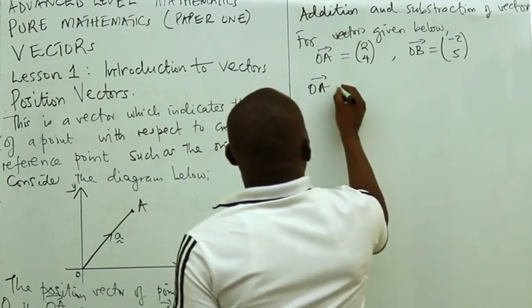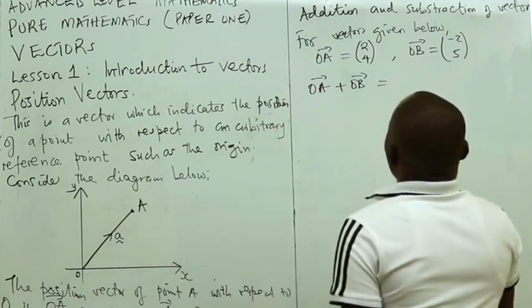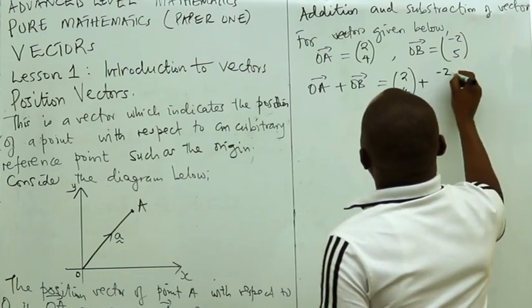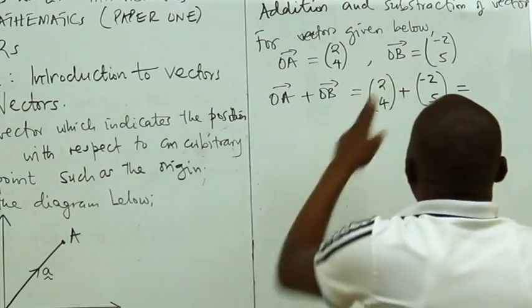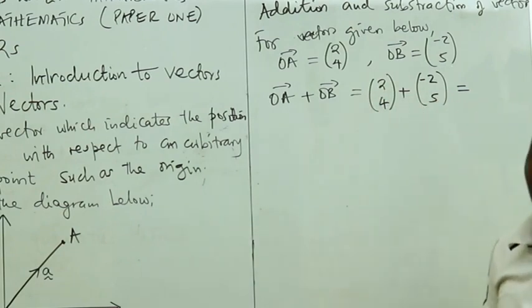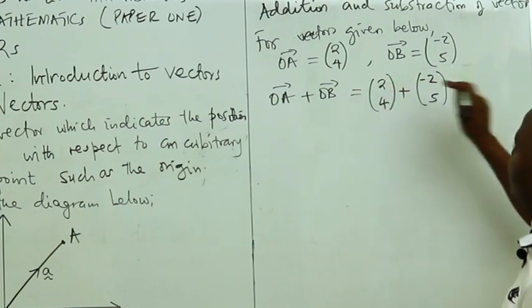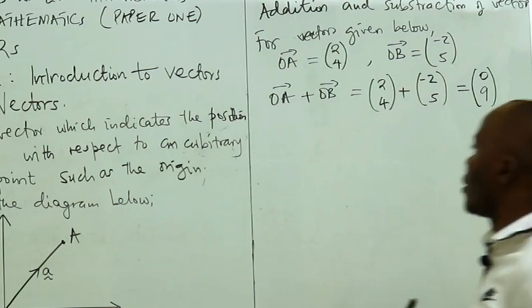OA plus OB will be given by 2, 4 plus -2, 5, which is when we add the corresponding components. So the 2 will add to the negative 2 to get a 0. Then the 5 will add to a 4 and you get a 9.